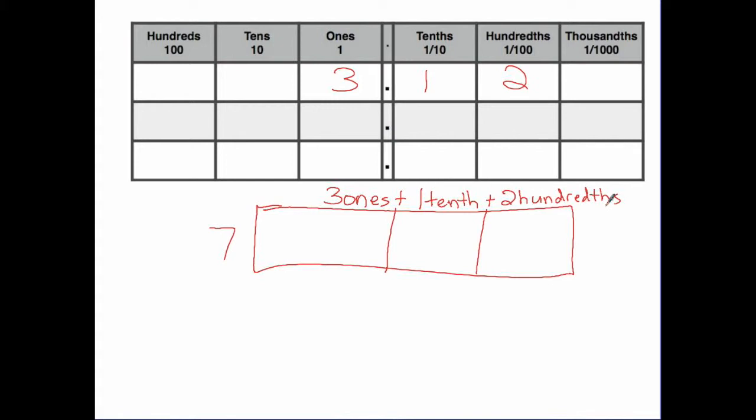Okay, so this is how they want you to do it. You take this number, the outside number times the top number that's in this box. Okay, so these 2 numbers go in this box. So you would do 7 times 3.